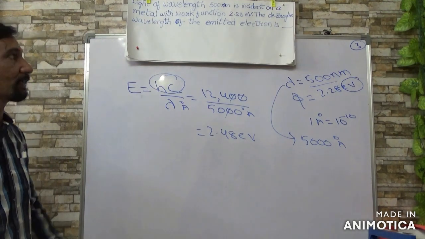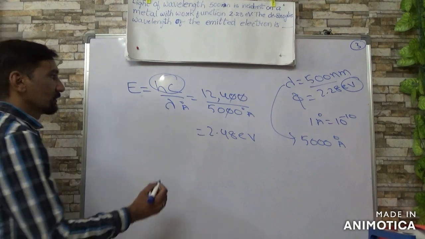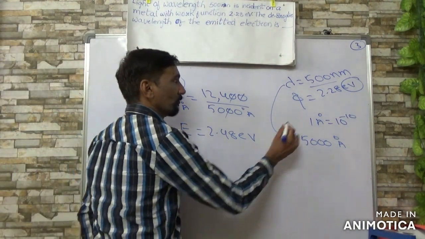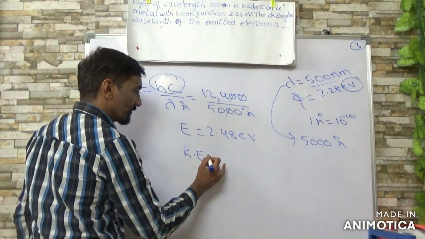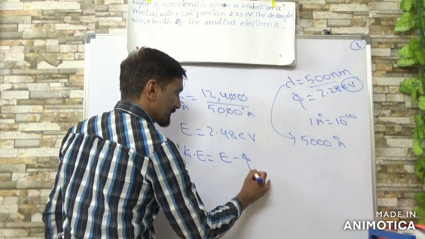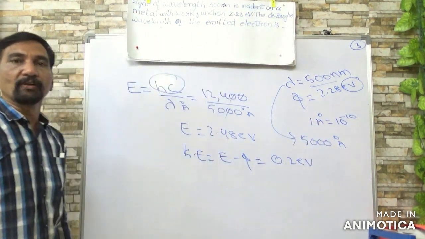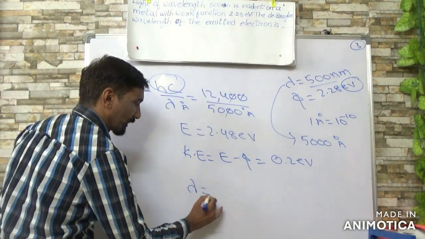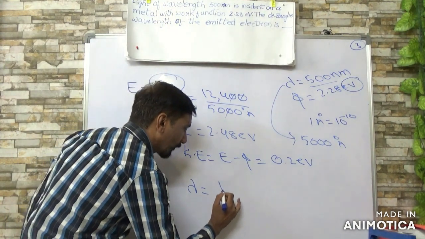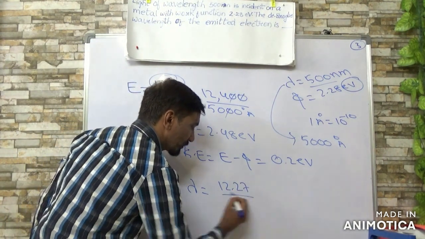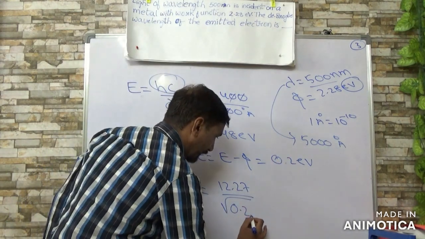So what is the total energy? 2.48 eV. Out of that, 2.28 eV energy goes for work function, na. This is total, and work function is 2.28. So therefore, kinetic energy remaining is E minus phi, nothing but 0.2 eV. So whenever you want to find de Broglie wavelength, na, instead of using Planck's constant and all, you can take simply 12.27 by root of this kinetic energy 0.2 eV.